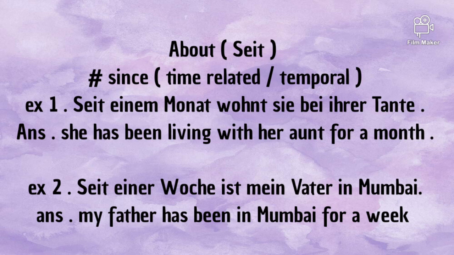Second sentence is Seit einer Woche. Wochenende is weekend and Woche is week. So, Seit einer Woche ist mein Vater in Mumbai. It means my father has been in Mumbai for a week.